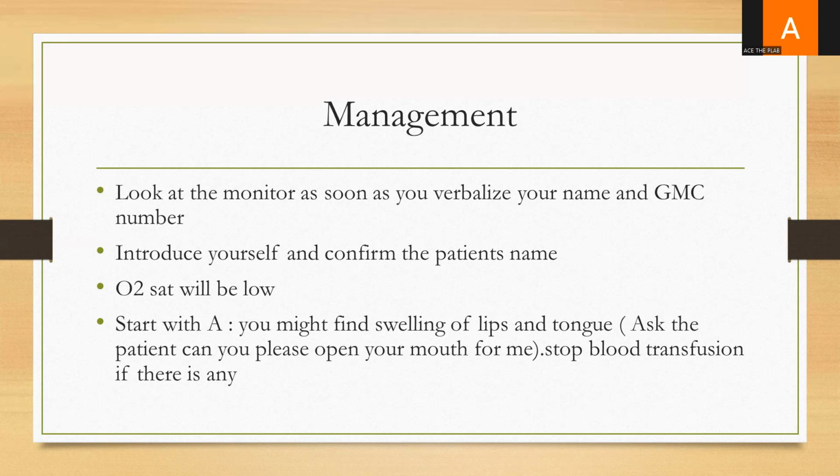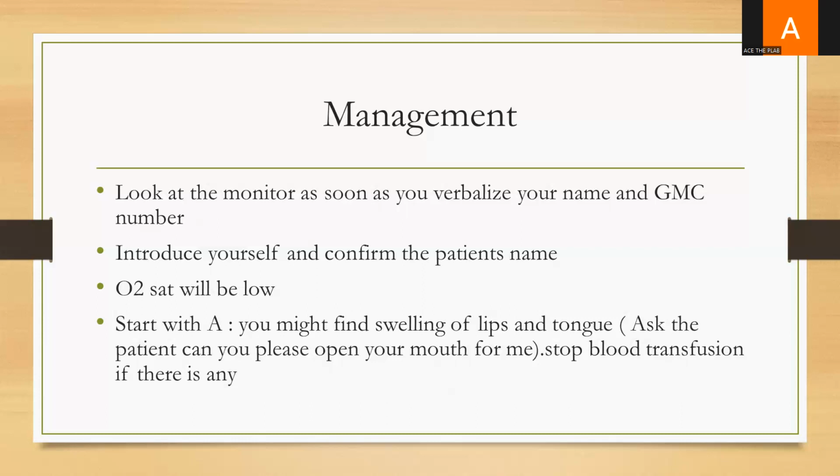You will ask the patient, can you please open your mouth for me? And when the patient opens his mouth, you will find swelling of the lips and the tongue. So you will verbalize that: Samantha, I can see that your lips and tongue are swollen, so I'm going to give you oxygen.